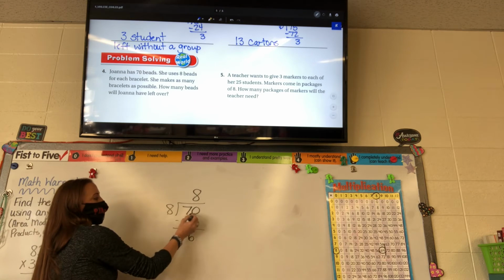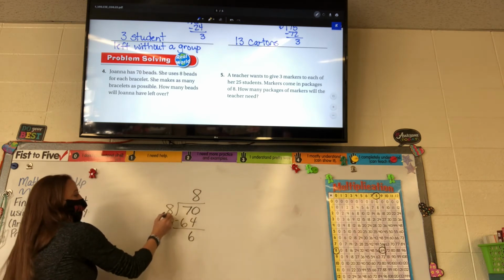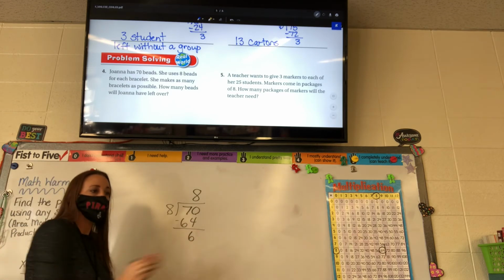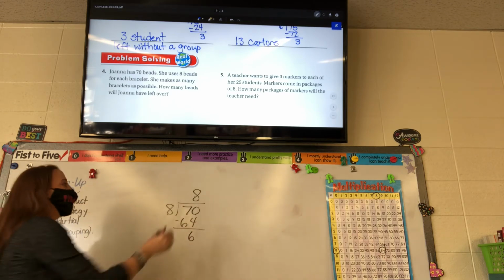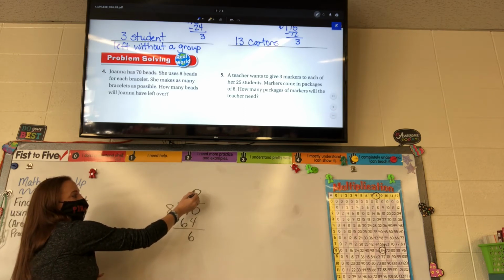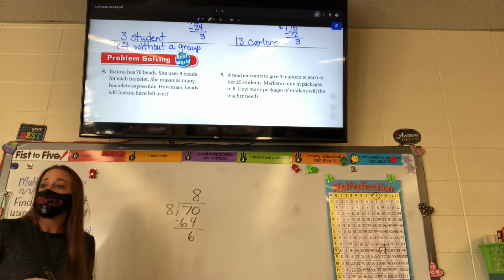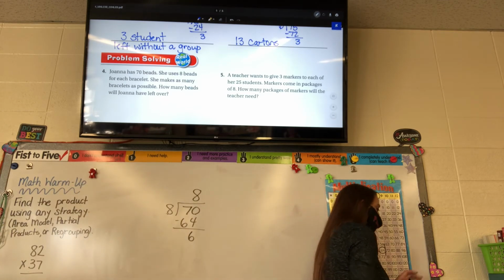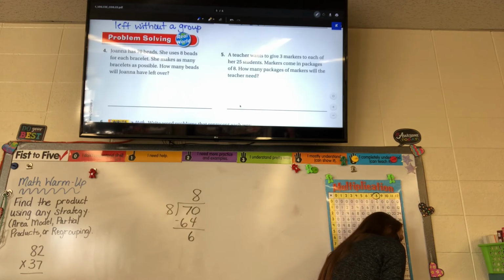Because if she starts with 70 beads and she puts 8 beads in each bracelet, so 8 for you, 8 for you, 8 for you, she can make 8 bracelets. 8 times 8 is 64, so she used up 64 of her beads, and that means how many will she have left over? 6 left. So we're going to do 70 divided by 8 is 8, 70 minus 64 is 6. How many will she have left over? 6 beads. Yep.